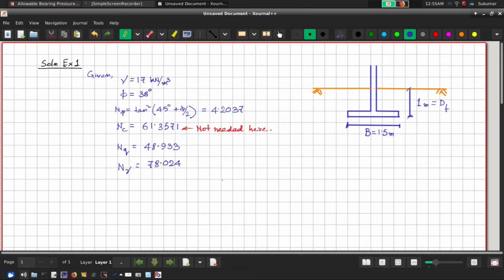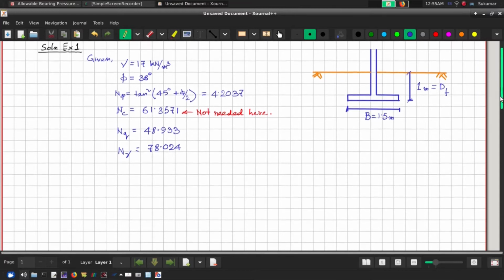And therefore I can find out now the net ultimate bearing capacity, which is, you remember, qnu is cNc sc dc ic.